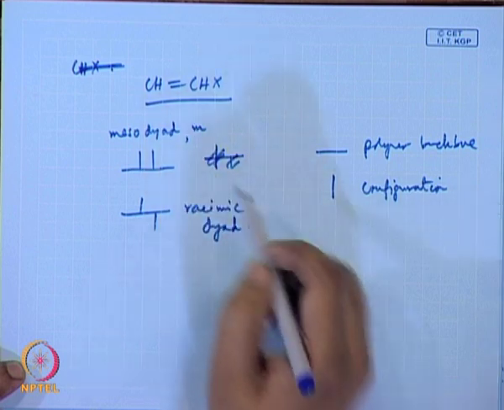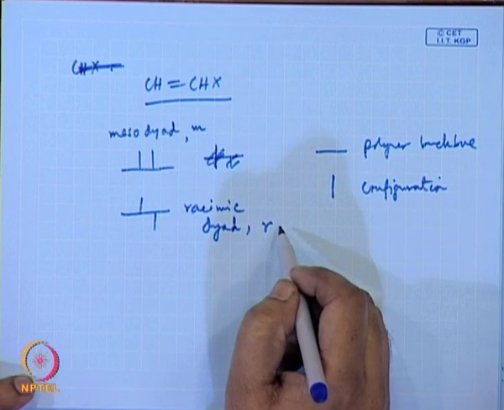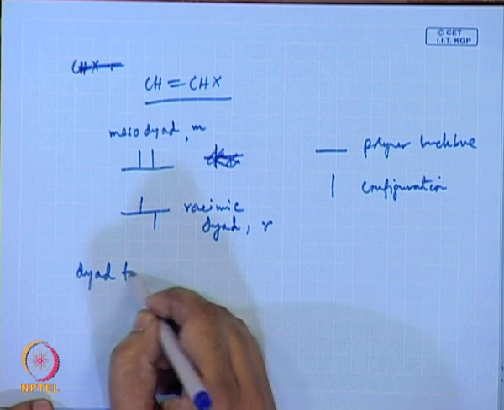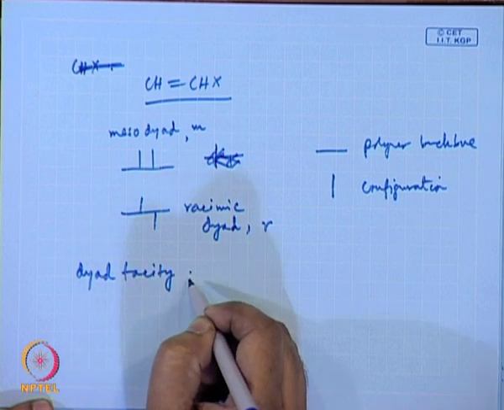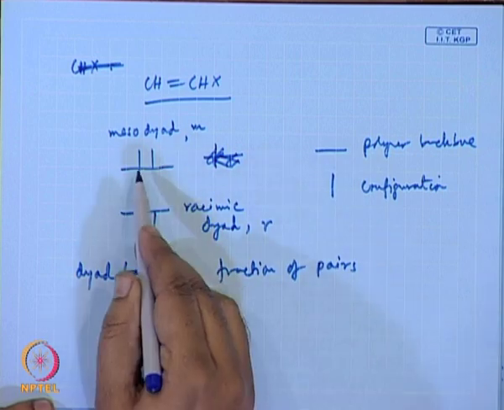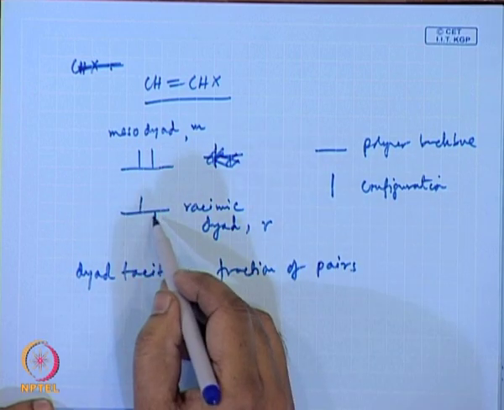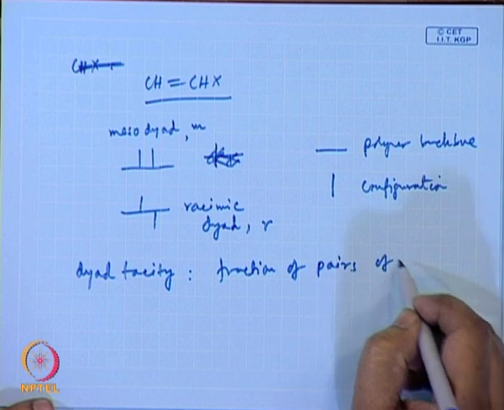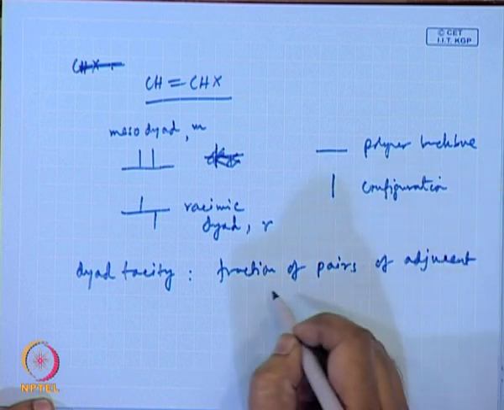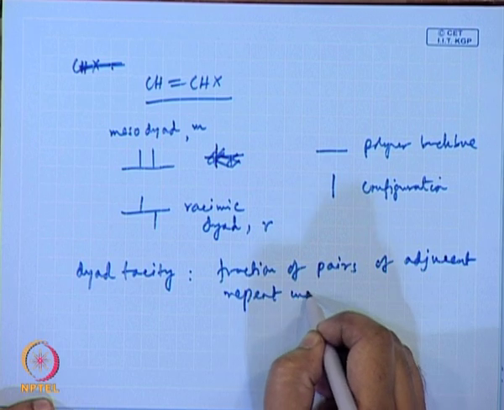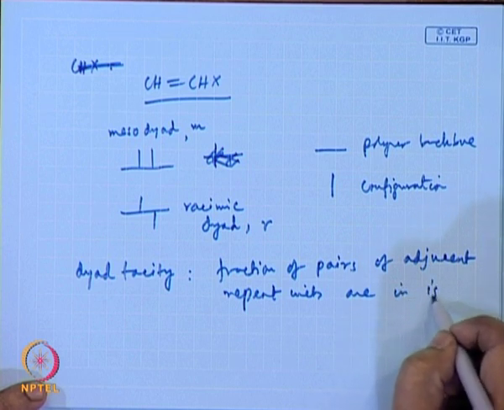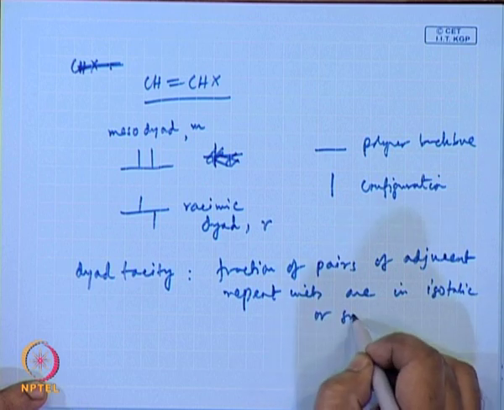We write M for meso and R for racemic. Now, diadtacticity, this term is defined as the fraction of pairs of adjacent repeat units that are in a particular stereochemistry, say isotactic or syndiotactic.